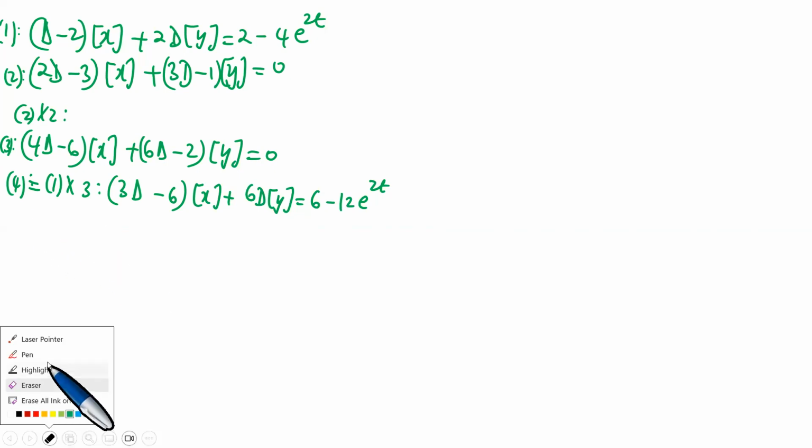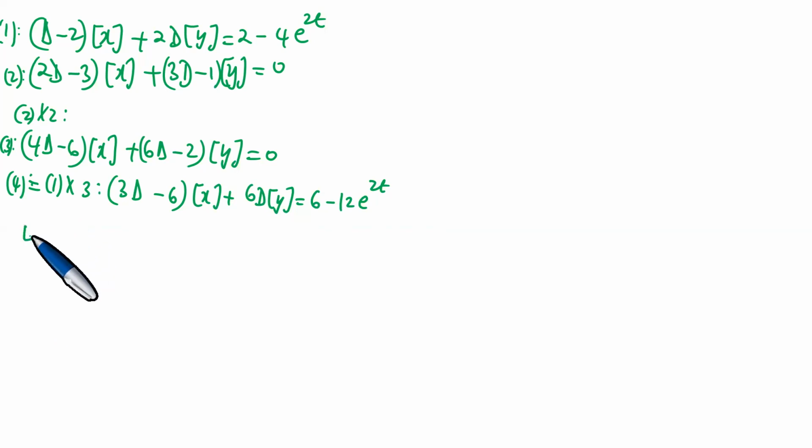You can say 3 minus 1, doesn't matter. Let me say 4 minus 3. You subtract the second one from the first one. Anyway, the result is going to be the same.